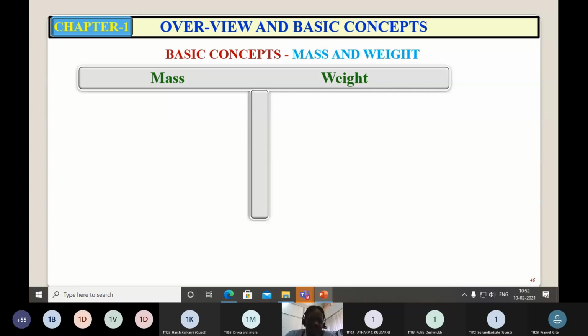Whereas all the bodies or particles in the proximity of the Earth's surface are subjected to a gravitational force exerted by the Earth on the body, which is nothing but the weight of the body. So the weight of the body changes from place to place as the acceleration due to gravity changes.